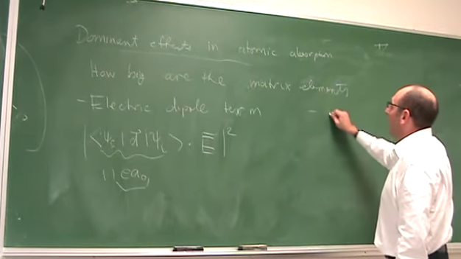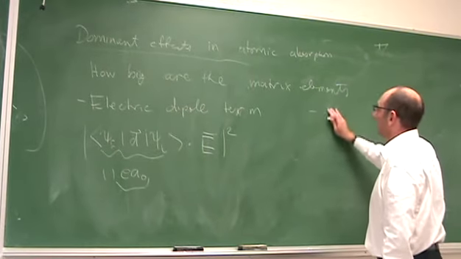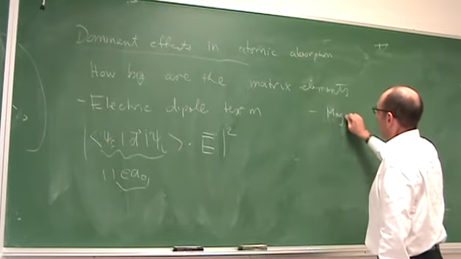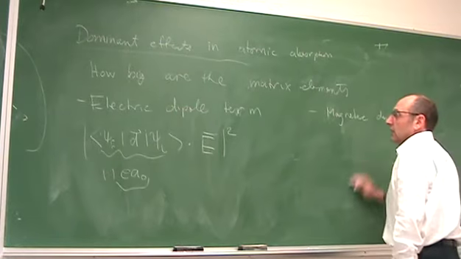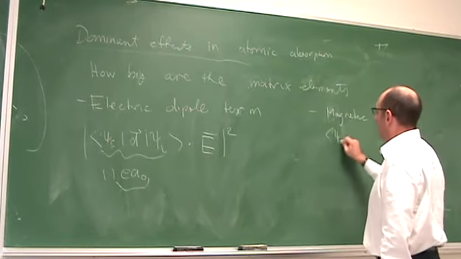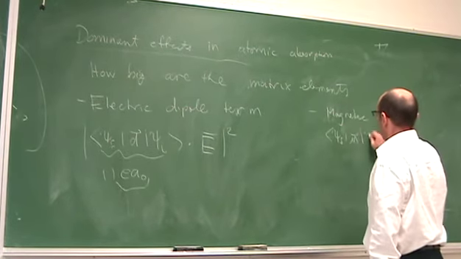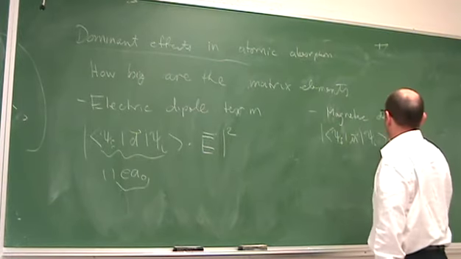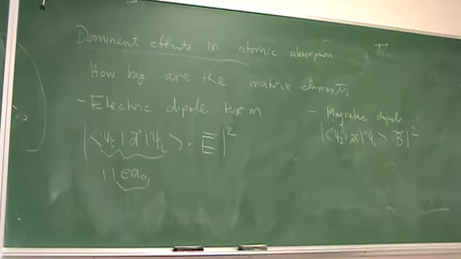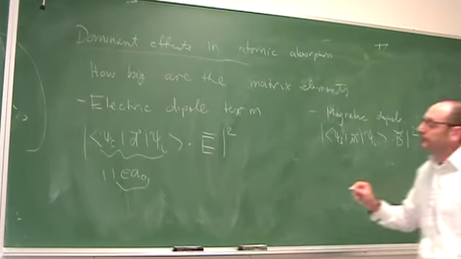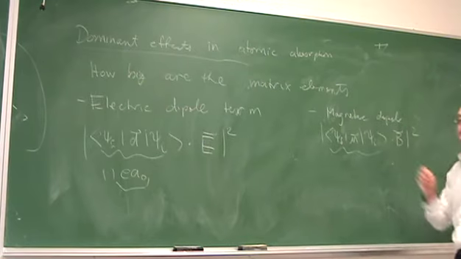What about the magnetic dipole? Well, now we're talking about the same kind of thing, but with the magnetic dipole moment and the strength of the magnetic field. Firstly, how big is this?